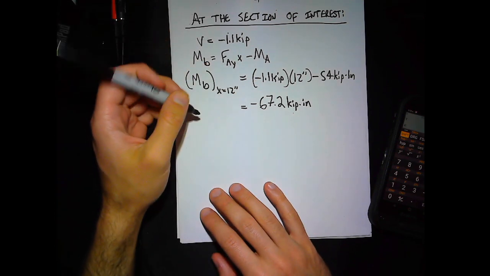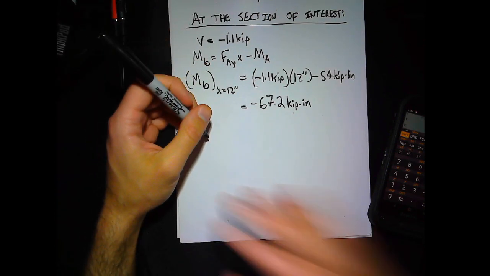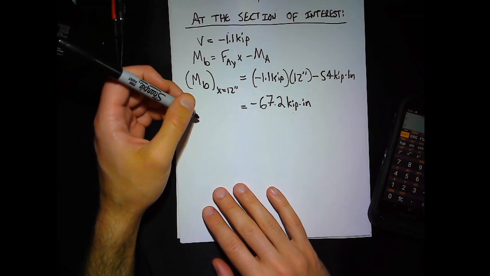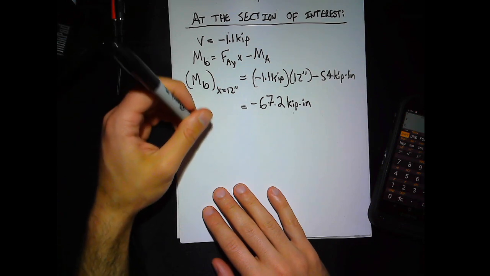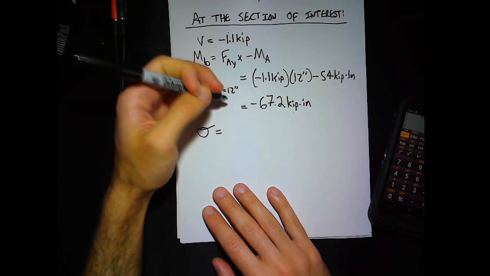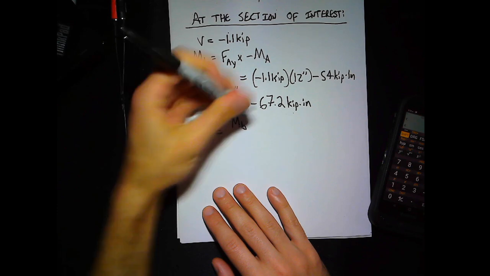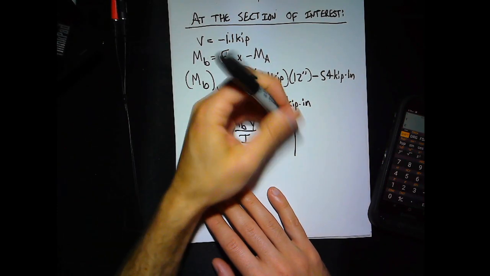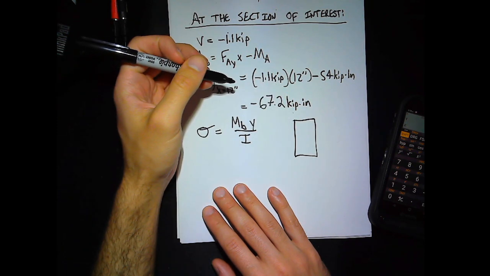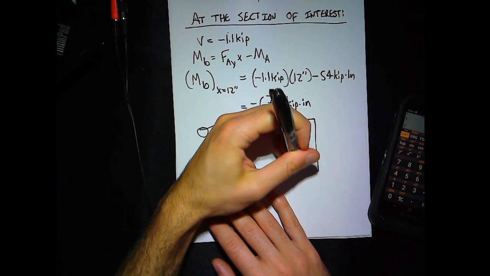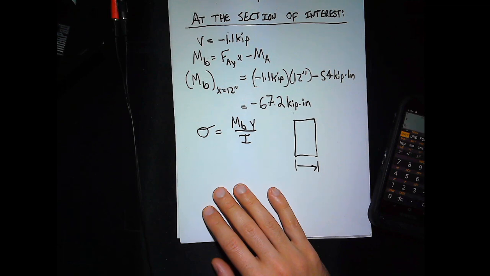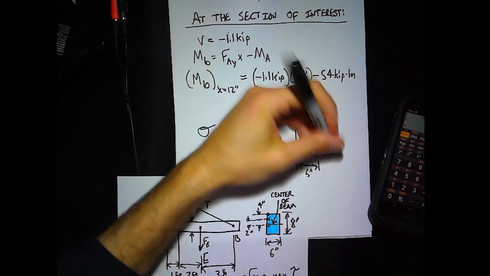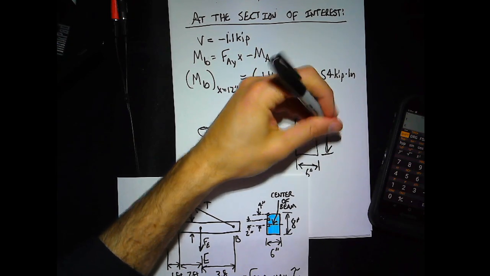So that gives me a bending moment. If I wanted to find shear stress and bending stress now, it'd be fairly straightforward. Let's start with bending stress. We know that bending stress is a form of normal stress distributed across a cross section, depending on where you are on the cross section. So if I redraw this, it's a 6-inch by 8-inch section.